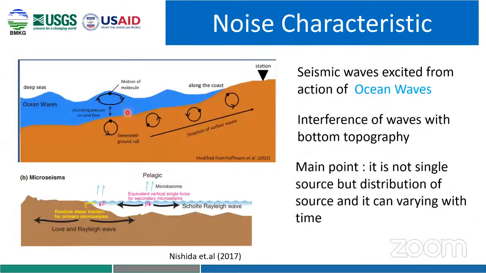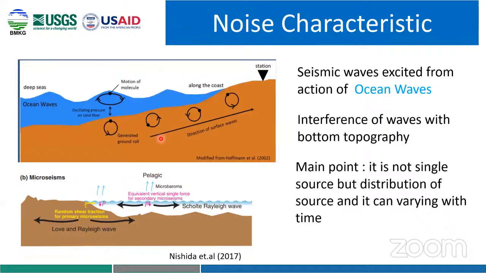And this is an example of the generation of the surface wave. The interaction of atmosphere and seawater generates waves and motion of the molecules. The motion will generate oscillating pressure on the sea floor and then generate ground roll. This ground roll is known as surface wave, Love or Rayleigh wave.